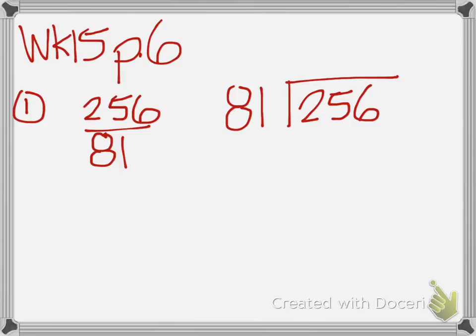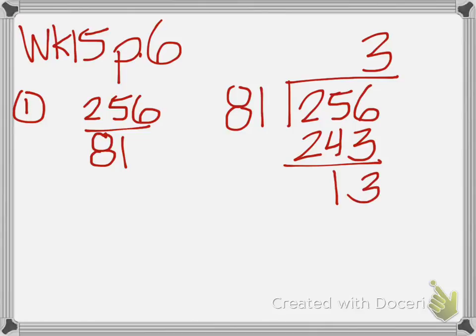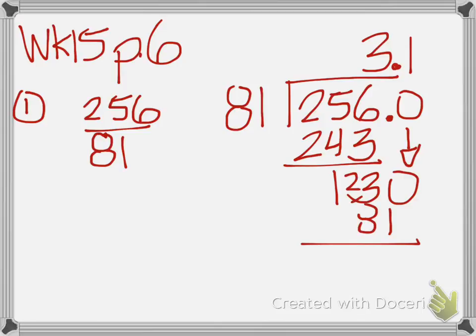Well, we see that 81 goes into 256 about 3 times, and when you multiply that out, you get 243. You do your subtraction, bring down your decimal, and I see 81 goes into 130 one time, we do our subtraction. We have 9. That should be 0.